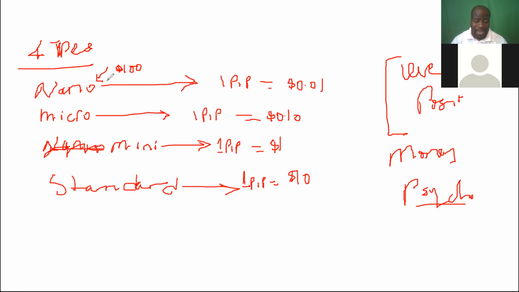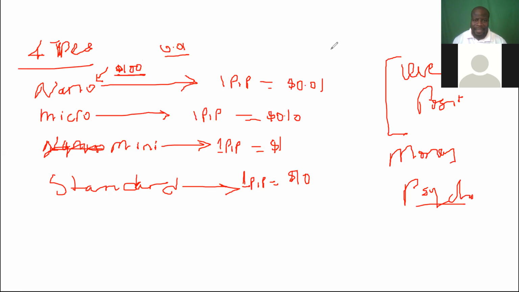Your account is nano account type, okay? So I don't expect you to be trading 0.5 lot size when your account is just $100, okay? So I always tell people that if you have $100, just work towards 0.01 and work with that.